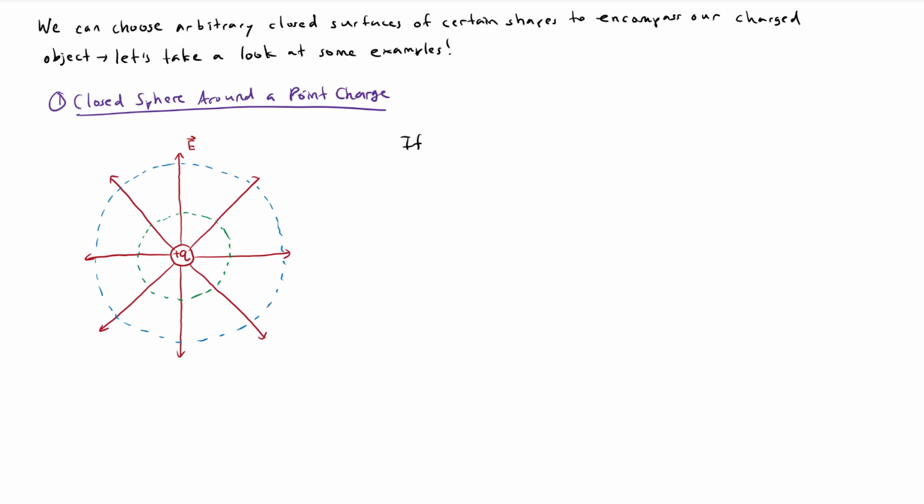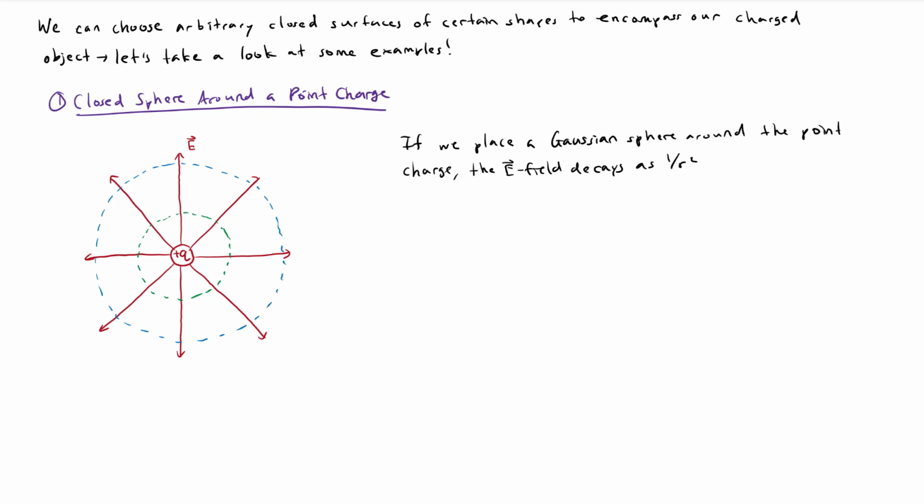And I want to explain what I'm trying to do. So if we place a Gaussian sphere around the point charge, we know that the electric field decays as 1 over r squared.